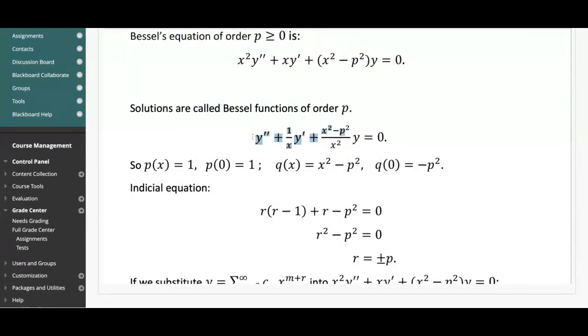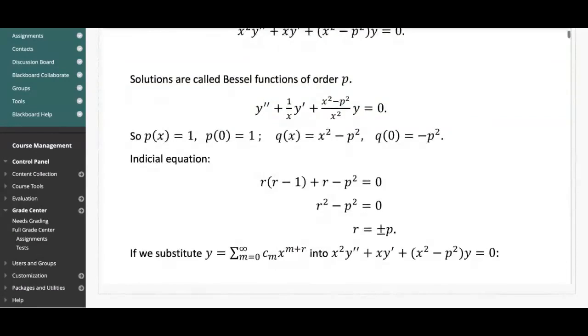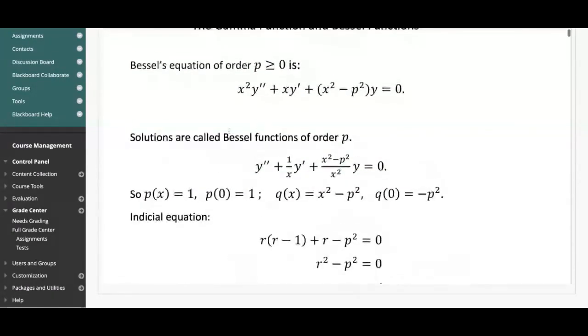If we divide by x squared for every term, we get the standard form. And the solution is called Bessel's functions of order p.